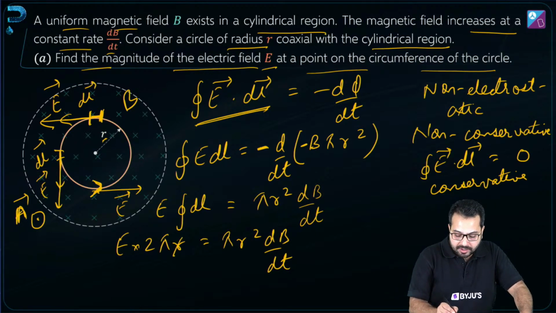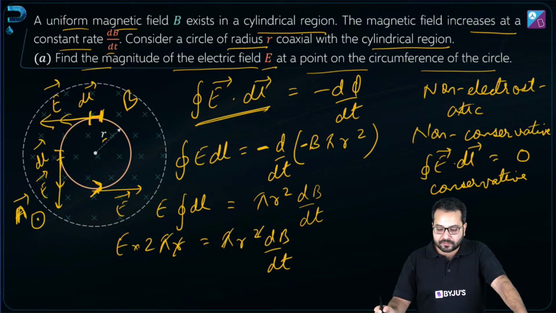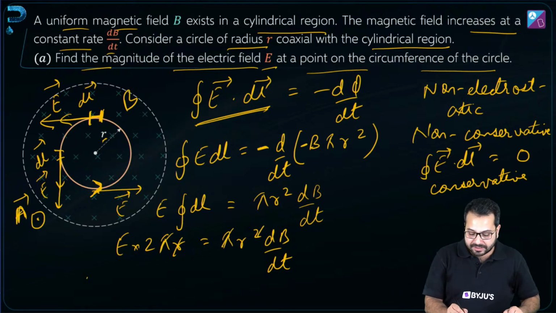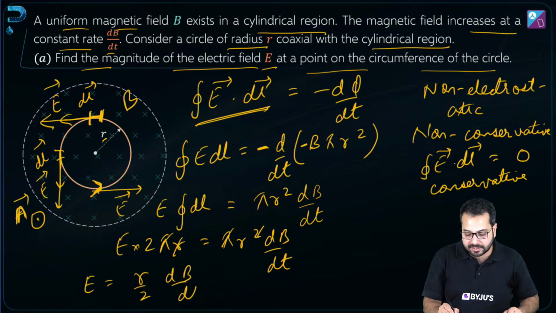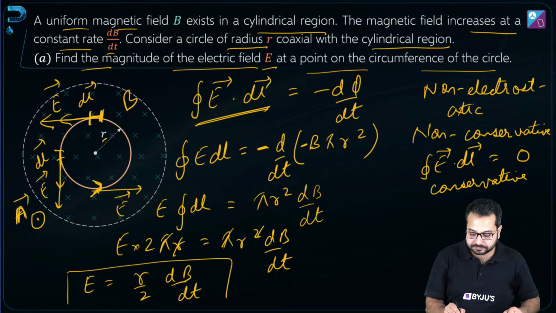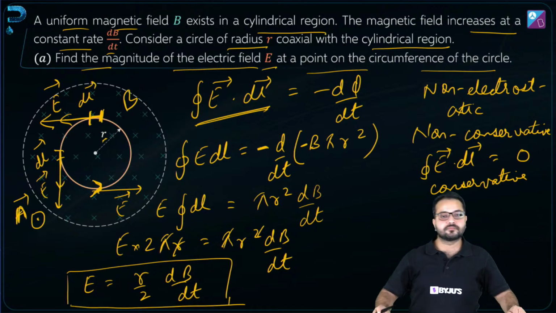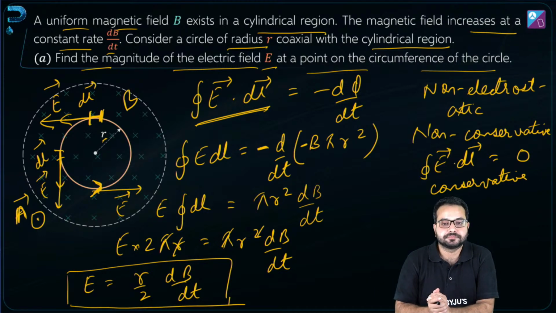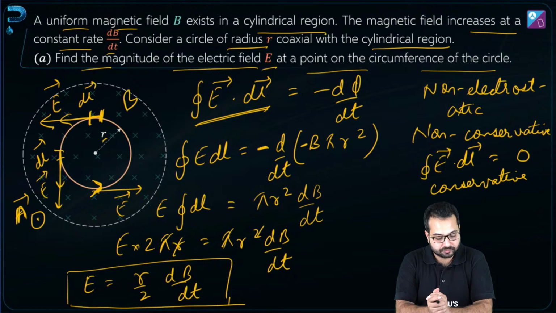So this r and this r go away, this π and this π go away. Finally I'll be left with E equal to r/2 into dB/dt. So the magnitude of the induced electric field is r/2 dB/dt.